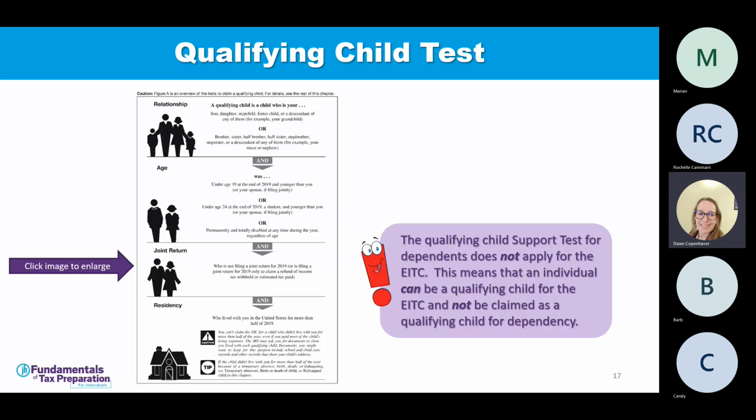The joint return test, which means your dependent isn't filing a joint return with anyone other than to get a refund of taxes paid. And the child has to have lived with you for more than half of the calendar year. But the support test isn't part of the requirements for earned income tax credit, which is kind of interesting.